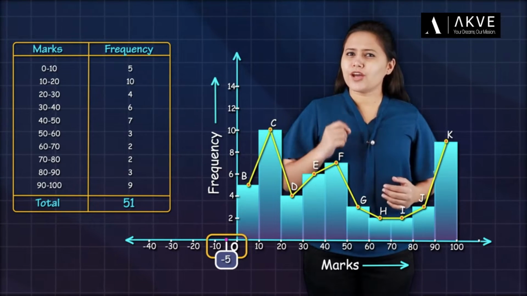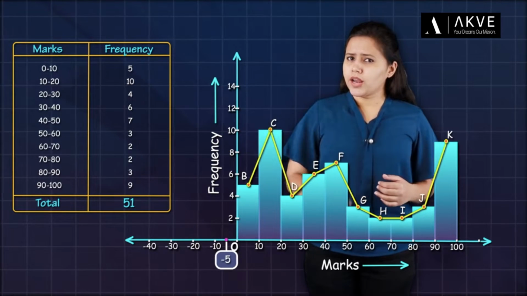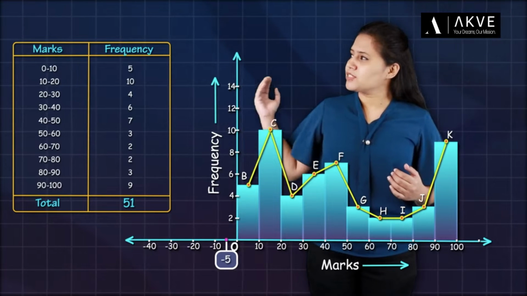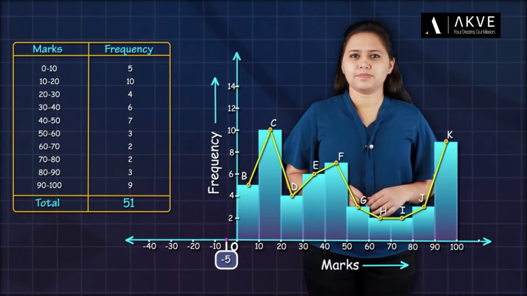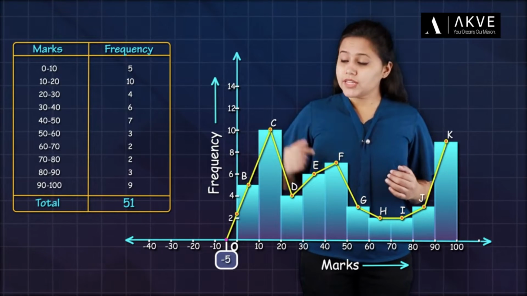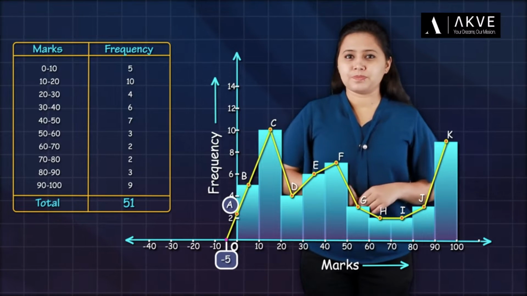So guys, we got the required midpoint. Remember that this class interval has frequency 0 because this class interval is not mentioned in the table. Now join B to -5. The point where the line segment meets the vertical axis is marked as A.